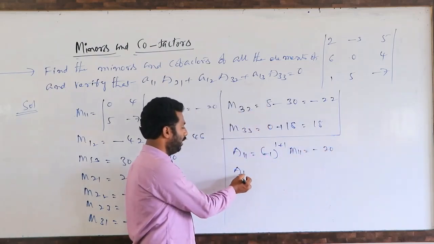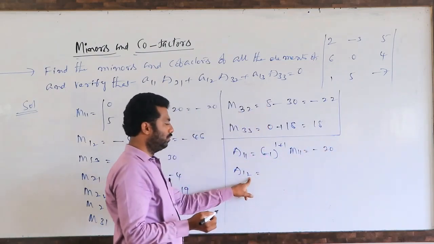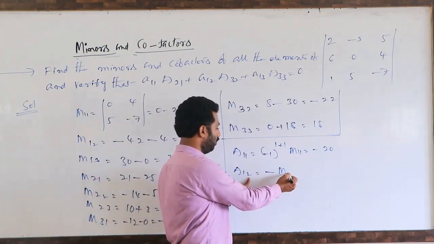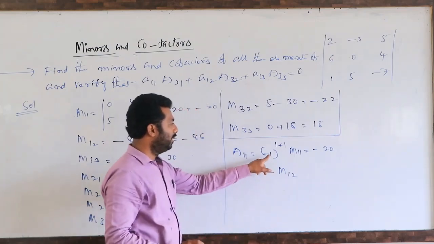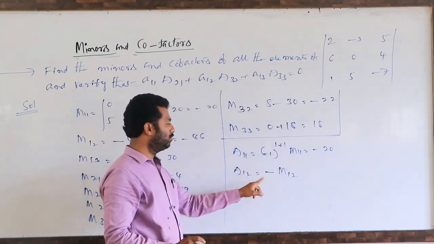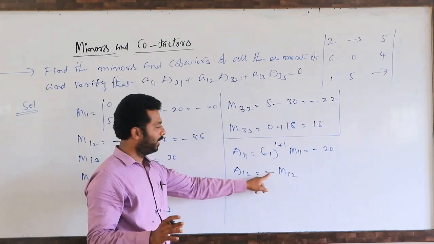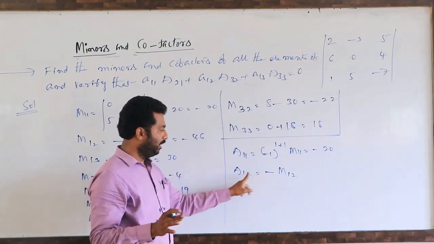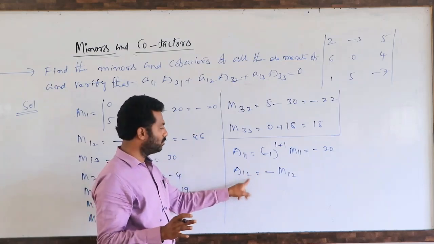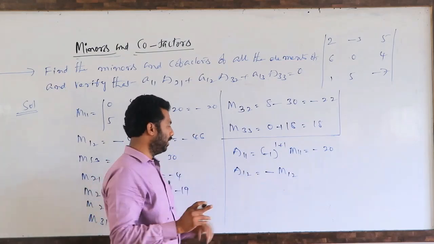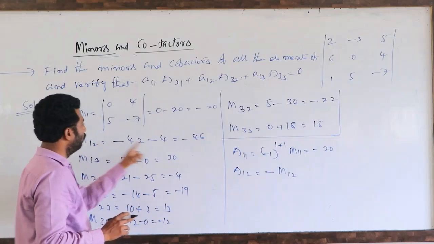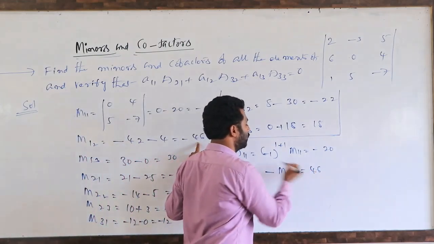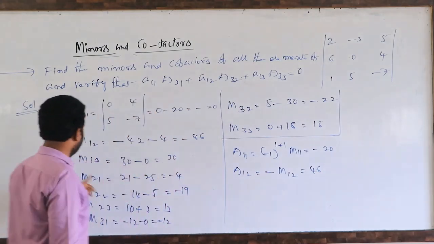Next, A12. 1 plus 2 is an odd number, odd number means minus M12. Instead of writing minus 1 whole power 1 plus 2, directly you can take minus also. Listen, if this sum is odd, then minus; if even, then plus. 1 plus 2 odd number, minus M12. What is M12? That is minus 46, already minus is there, so this is plus 46.